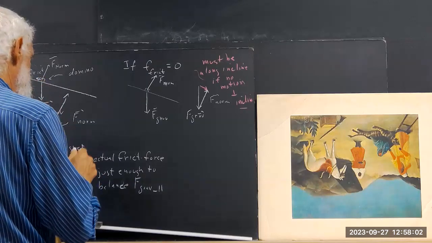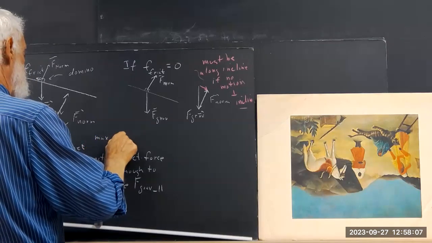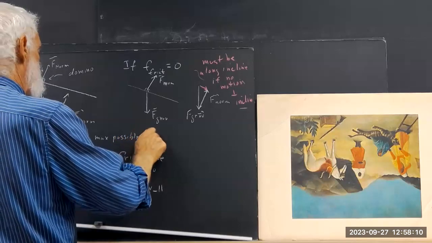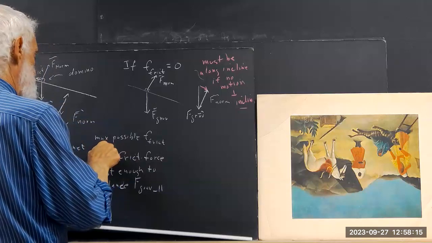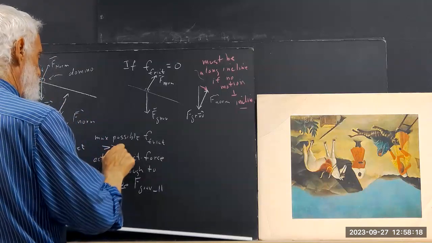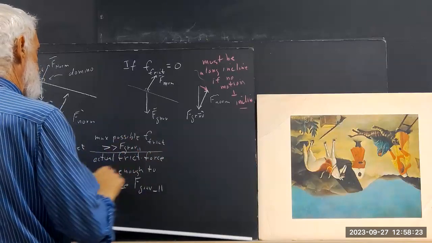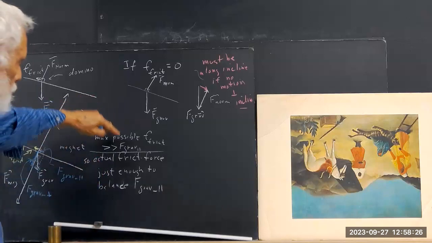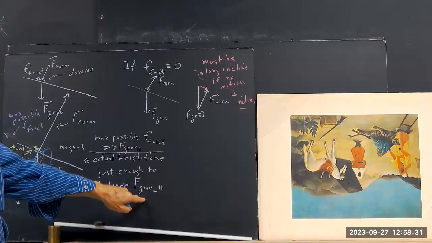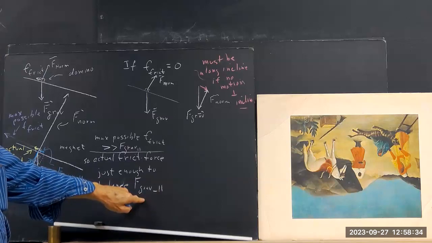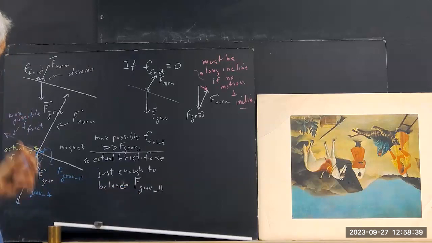So since the maximum possible friction is more than required to balance the gravity, the force of friction is just enough to balance the parallel component of the force of gravity. Okay.